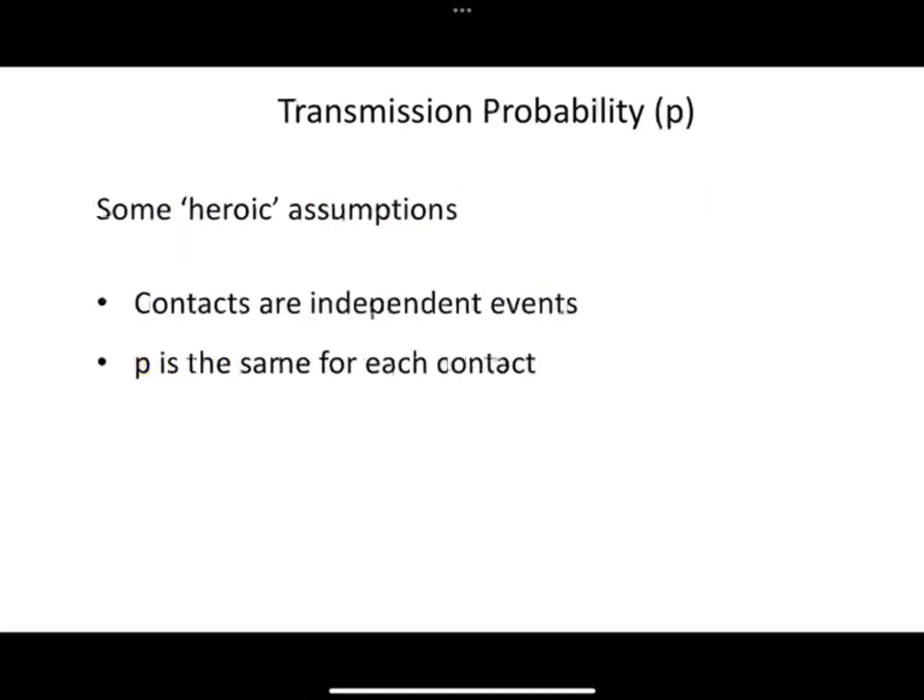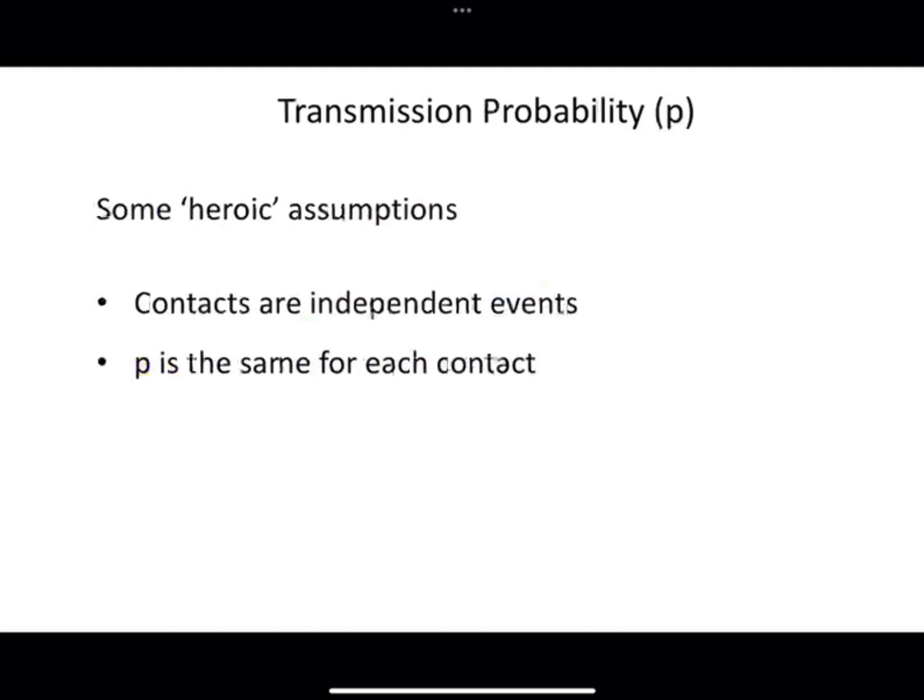And I've talked about this a little bit throughout. There's some issues with these calculations of transmission probabilities because they rely on some really heroic assumptions. As soon as we're talking about infectious disease, the contacts are almost never independent, and cases are almost never independent.